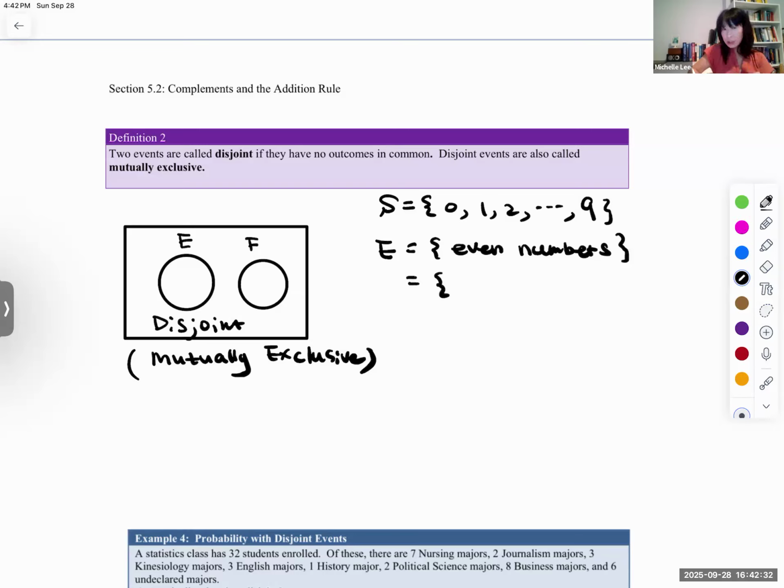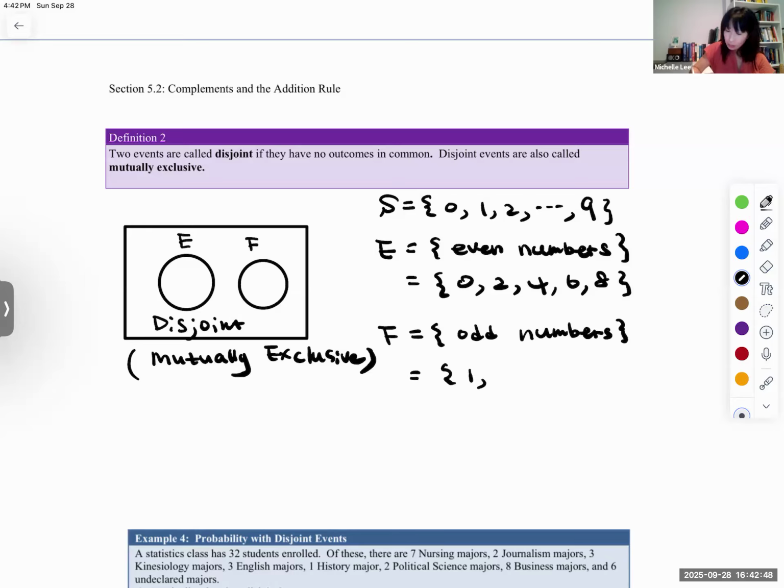We consider 0 an even number, so 0, 2, 4, 6, 8, right? Event F has odd numbers from the sample space, so 1, 3, 5, 7, 9, right? So they are disjoint.